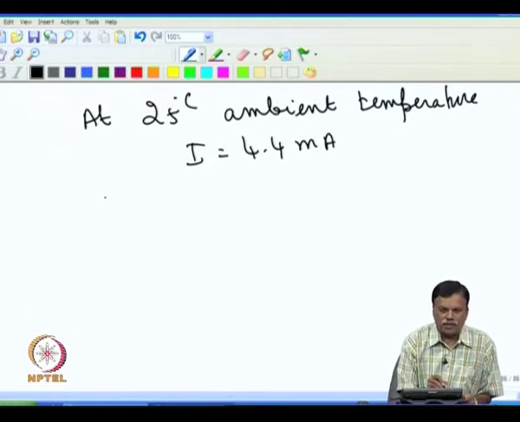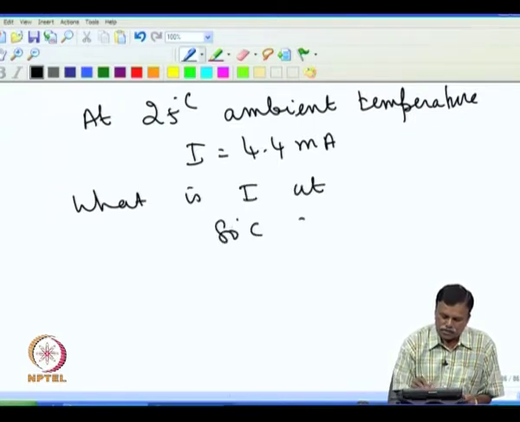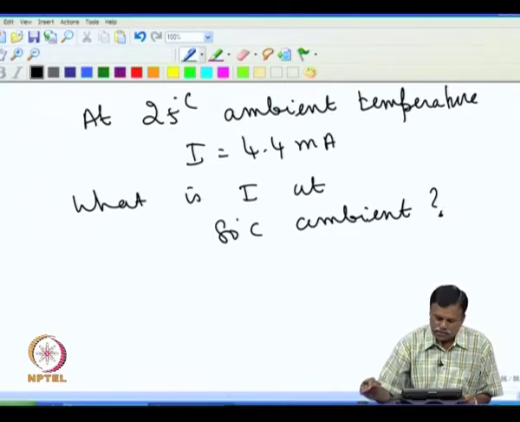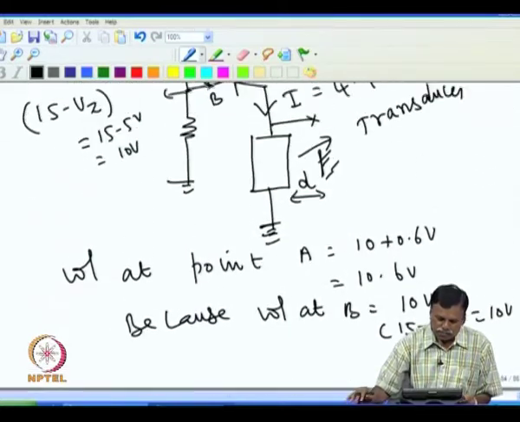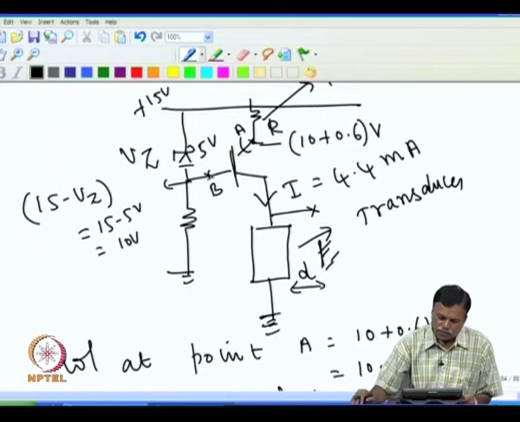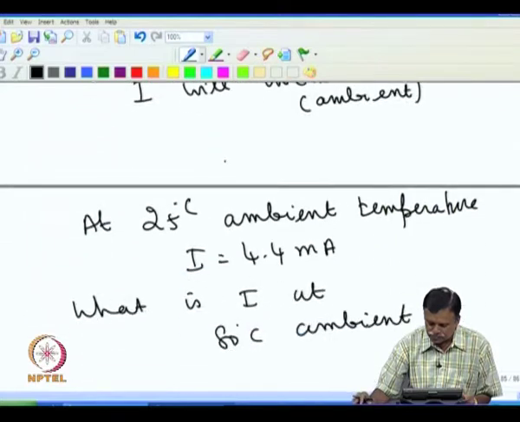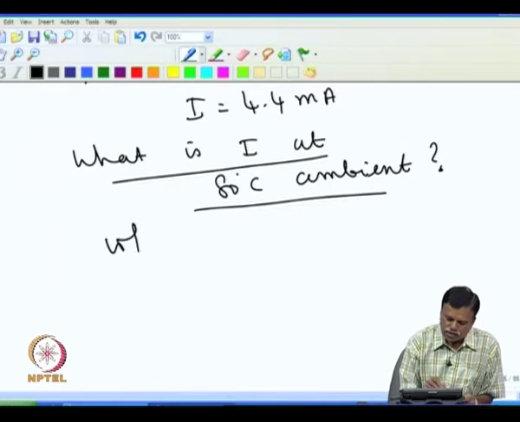Now find out what will be the current I at 80 degree C ambient. We can find that out by this equation, because the base voltage remains the same: the voltage at B is always 10 volt.